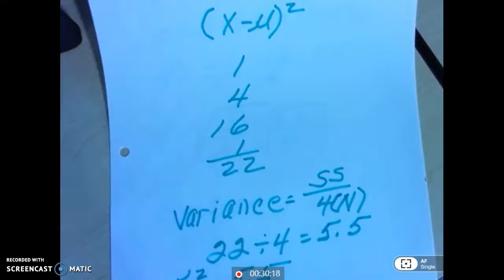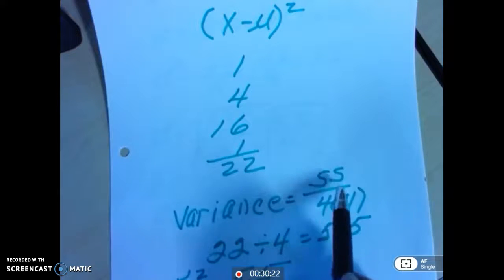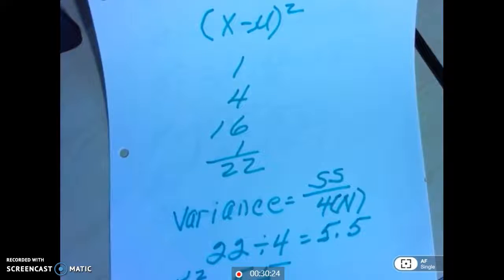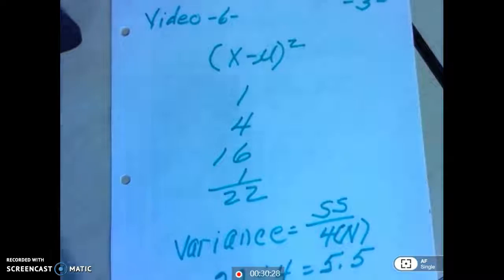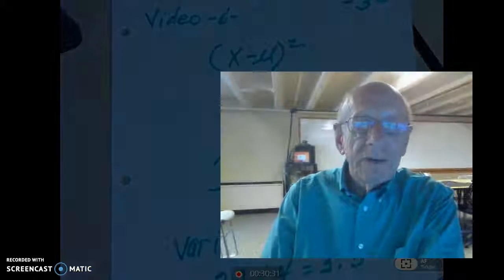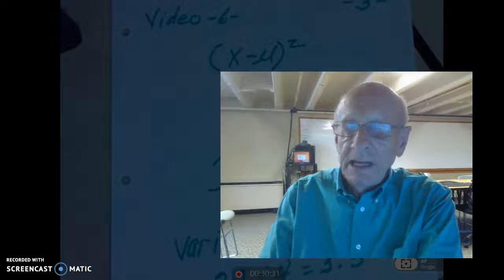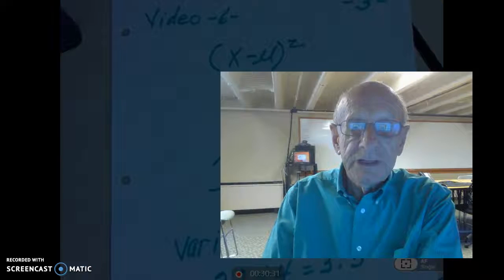Now we're looking at the variance. The variance is the sum of the squares, and I will stop right now and mention this. Some of you probably have your calculator, and you can go through and do these operations.